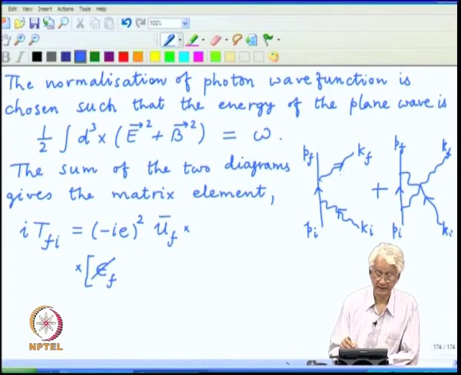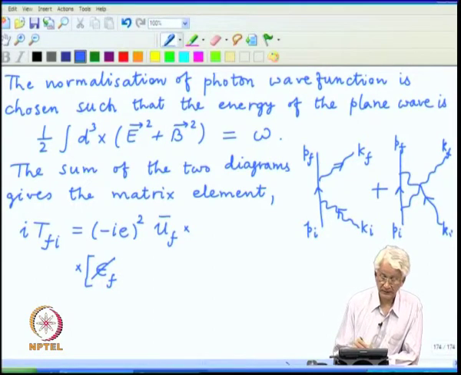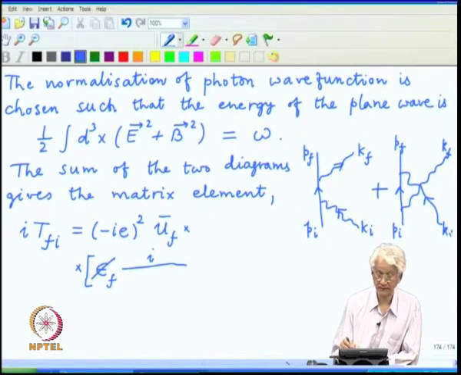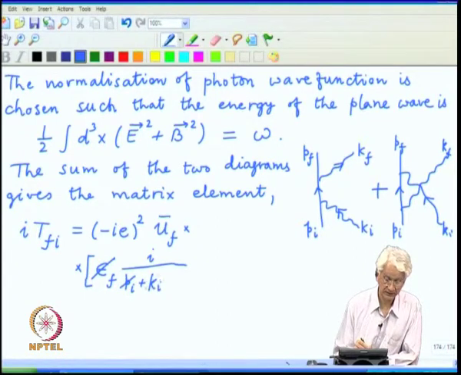So, the first diagram, the first interaction produces epsilon_f slash. Then there is a photon propagator, the electron propagator, and we have to use the energy momentum conservation to find out what its momentum is, and that momentum is p_i slash plus k_i slash, minus m plus i epsilon.